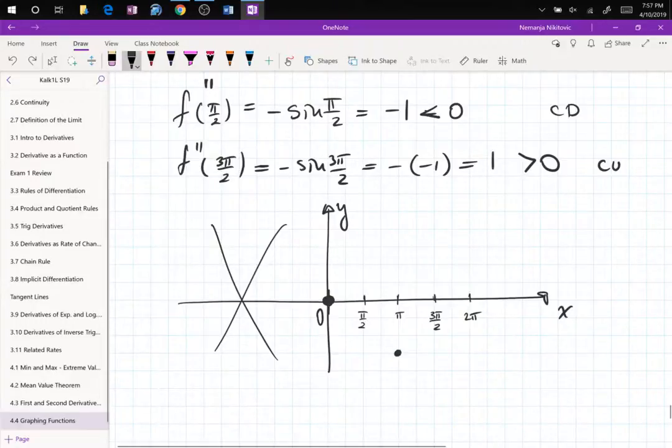That turns into concave up, something like that, going through this point of pi, negative pi.